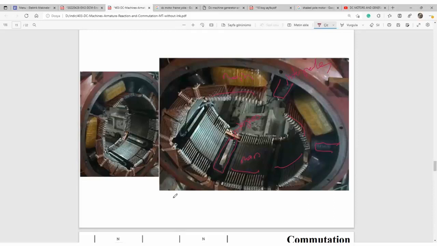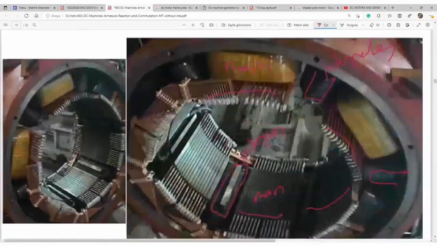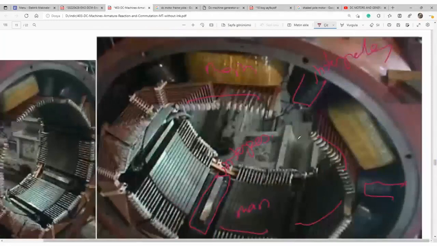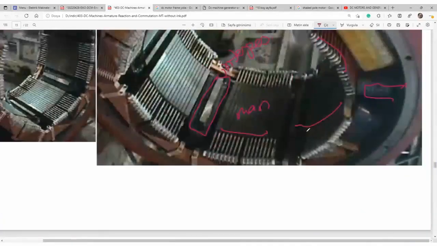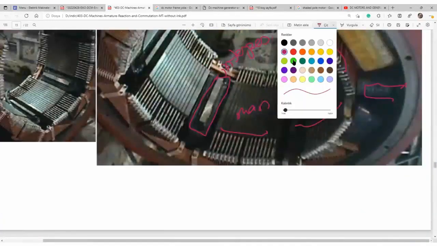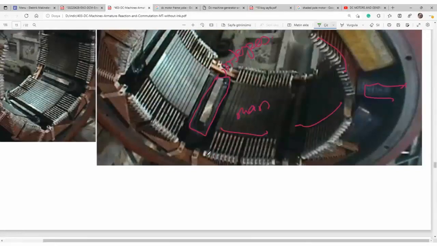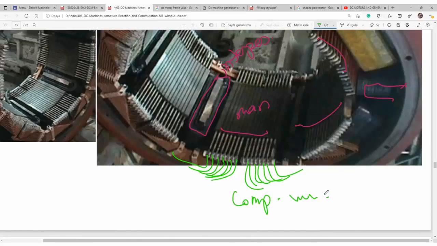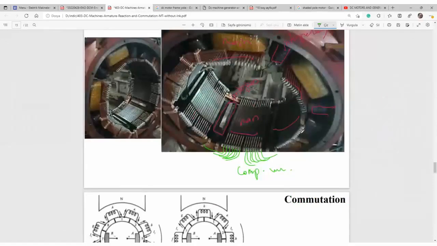And here you see, let me show you. Some of them are to the left, some of them to the right. They are symmetrical. Those are compensation windings to overcome armature reaction effects.